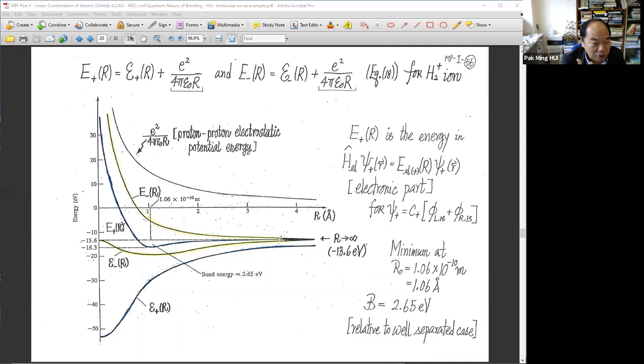And historically, this is called the anti-bonding state. It is kind of opposing bonding. But we only have one electron. So in the ground state the electron will fill this particular state, and never mind about the anti-bonding state.